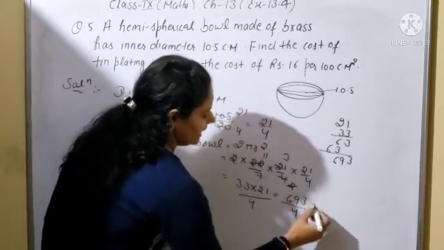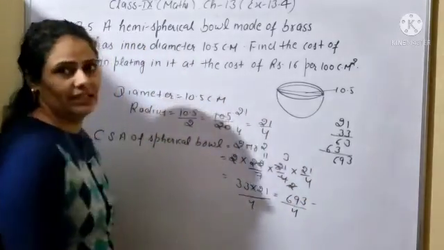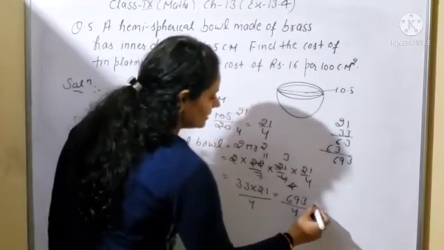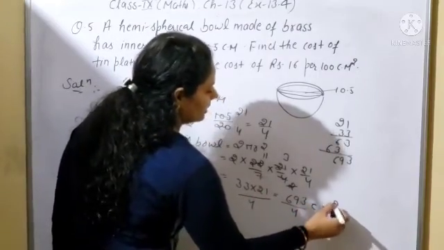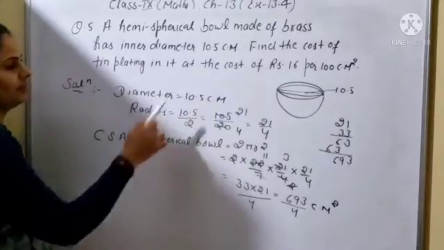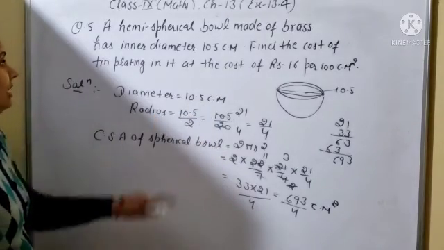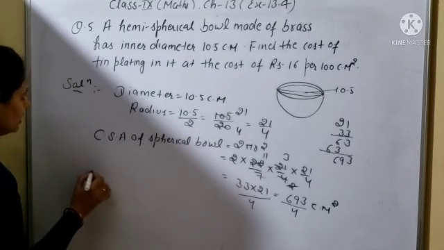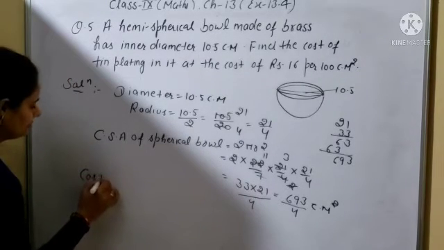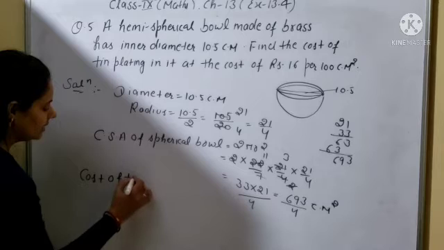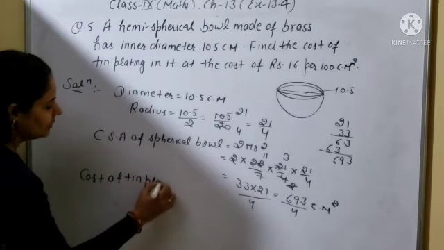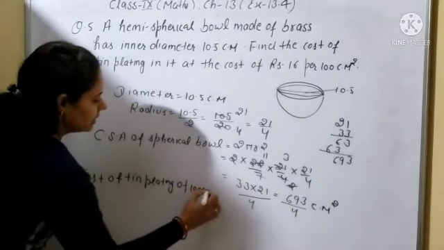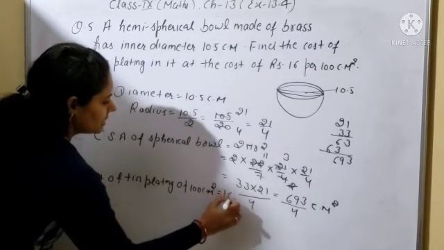And you can write this in decimal also if you want, or you can leave it here. Okay, so this is the curved surface area and this is in centimeter square because the diameter was in centimeter. Now the cost of 100 centimeter square is rupees 16. So cost of tin plating of 100 centimeter square is equal to 16 rupees.